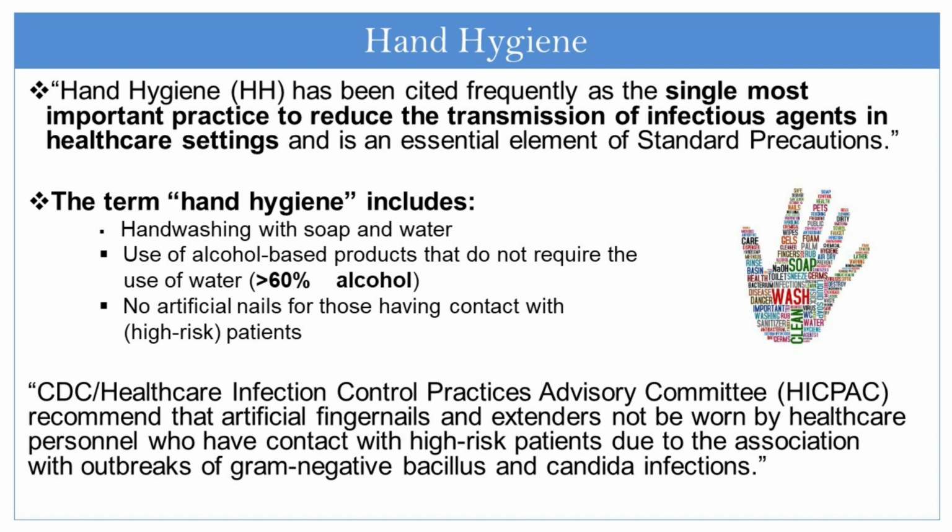No artificial nails for those having contact with high-risk patients. According to the CDC, artificial nails and extenders should not be worn by healthcare personnel who have contact with high-risk patients due to the association with outbreaks of gram-negative bacillus and candida infections.